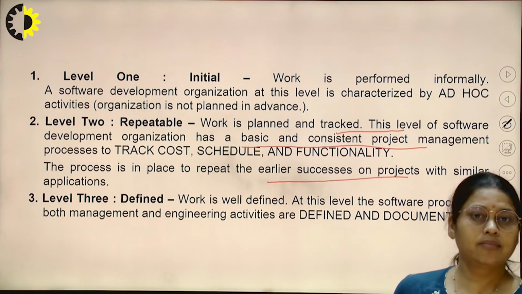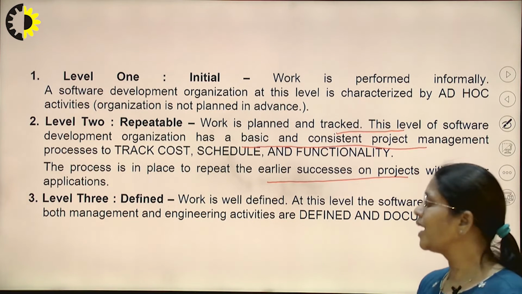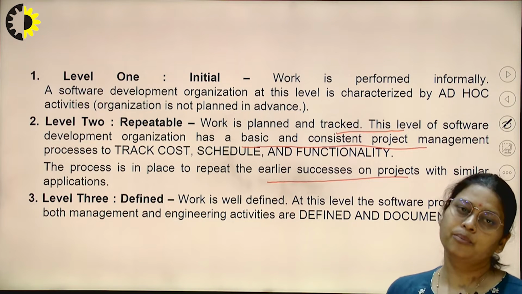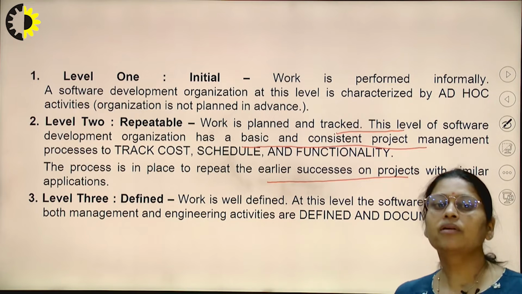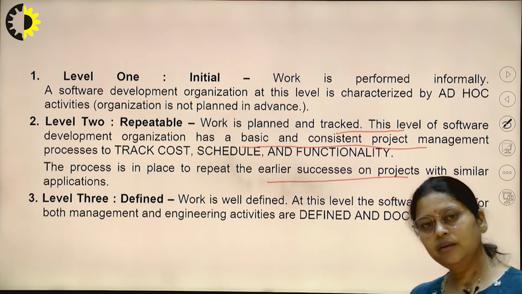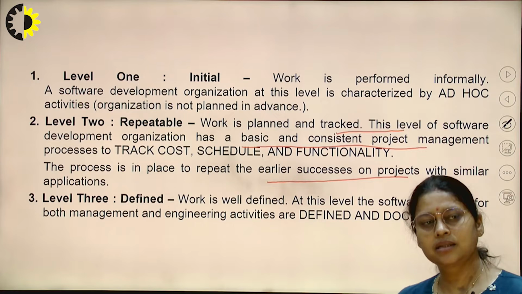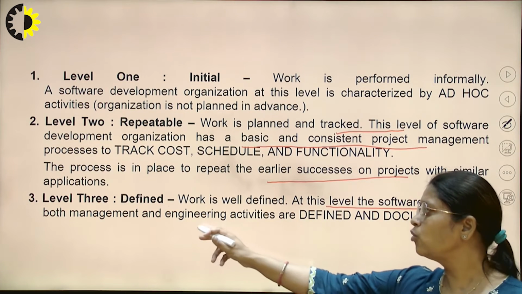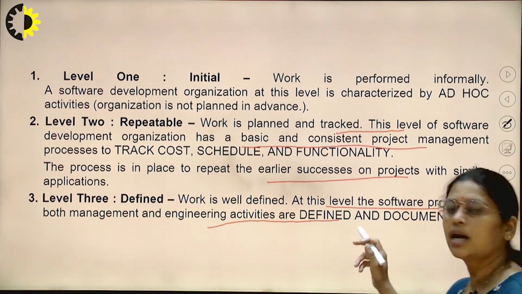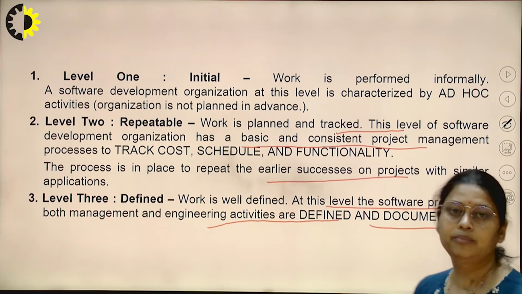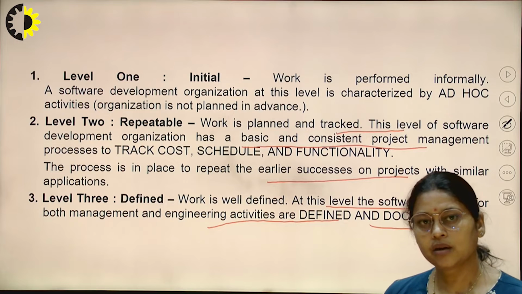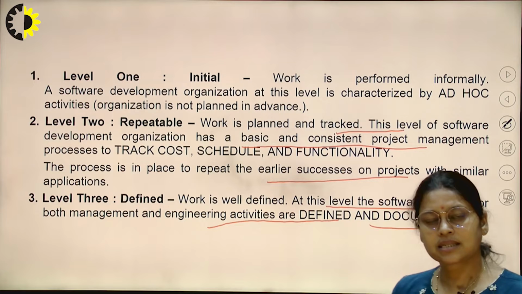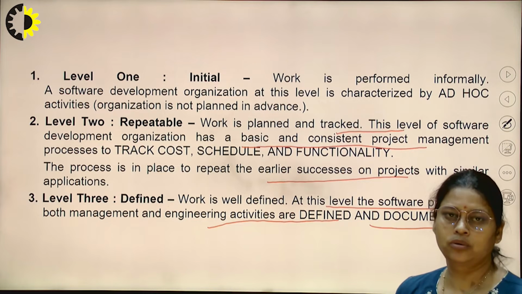Now, we come to level 3, that is the defined level. At level 3, the company has a proper working culture. The company work procedure is well defined under this third level. At this level, the software process for both management and engineering activities is defined and documented. The company follows the process of the previous level also, and some features are added in this level.